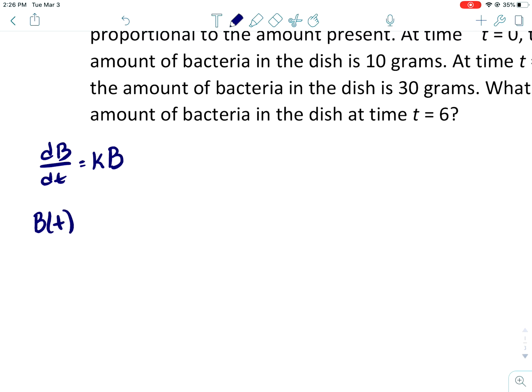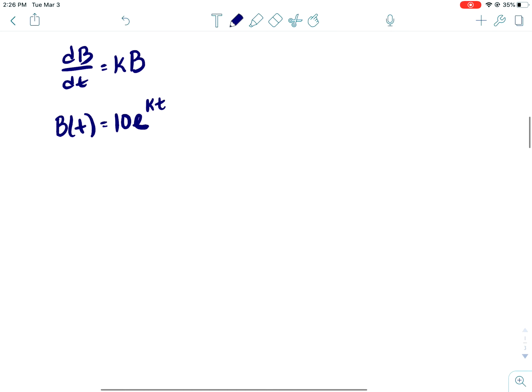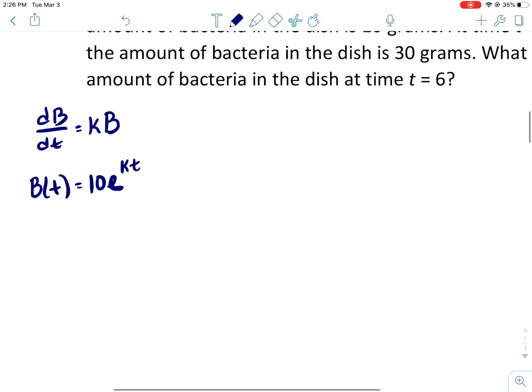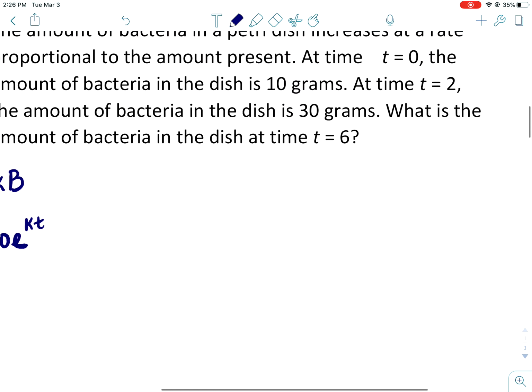So we can go ahead and do that. I'm going to say that B of t is equal to, do we have an initial amount of bacteria? 10 grams. e to the kt, and then we do not know k. We are going to have to find k. Okay, and we did this almost exact problem in pre-calculus.